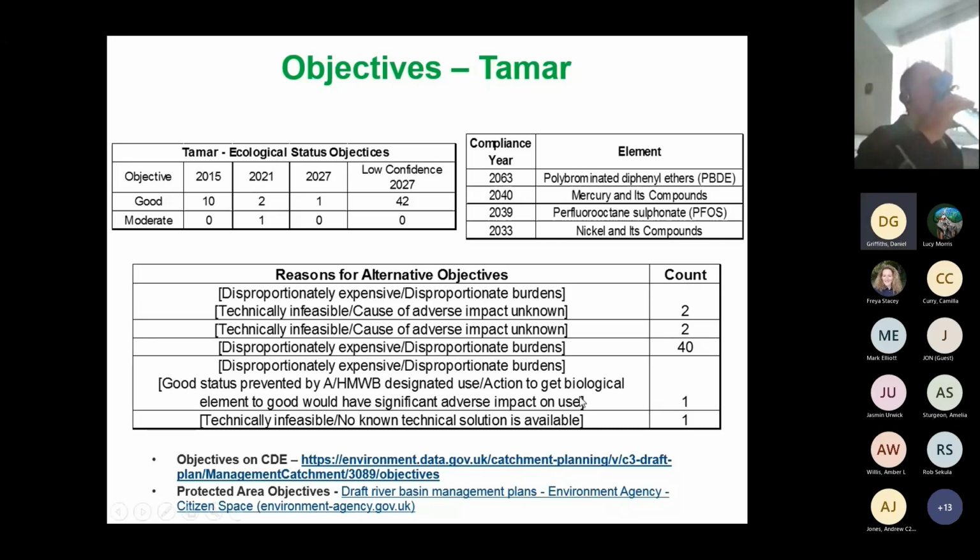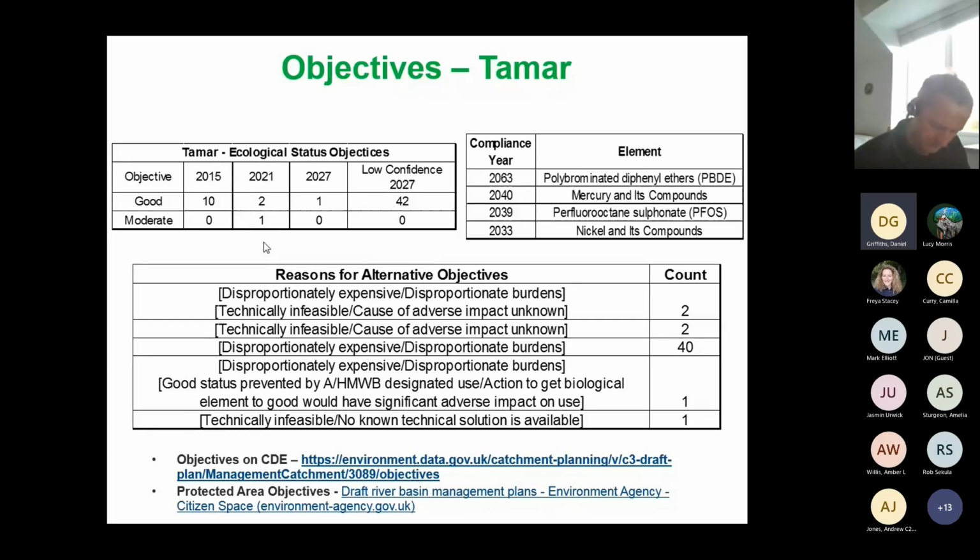Just looking across at the table in the top left here, I've picked out one water body that is actually targeting moderate. To explain that one, that's the Withy Brook, which is a tributary of the River Lyner. The case there is we've got a fish classification issue where we're predicting fish species to be present upstream of a significant natural barrier, which is quite a large waterfall.